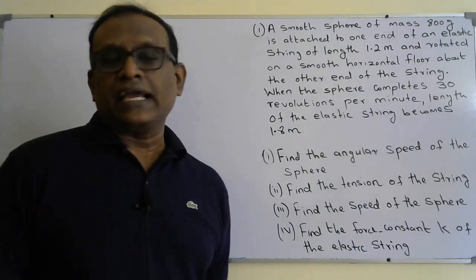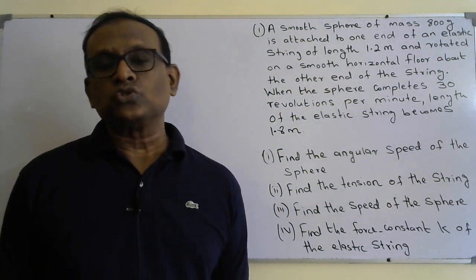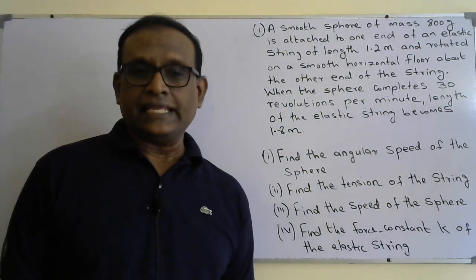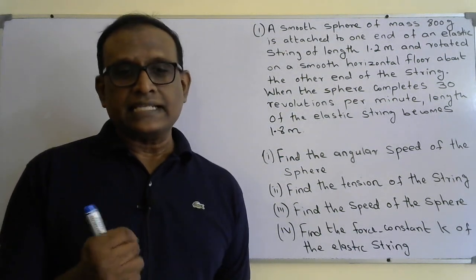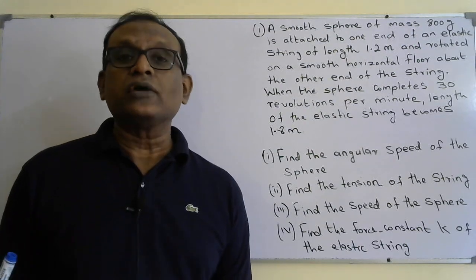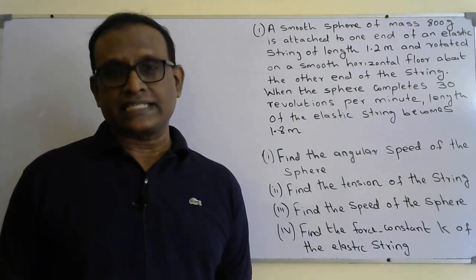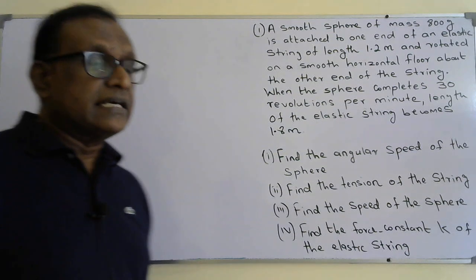So angular speed, omega equals 2 pi f or 2 pi over T. The question says 30 revolutions are completed during 1 minute. That is, during 60 seconds, it completes 30 revolutions.